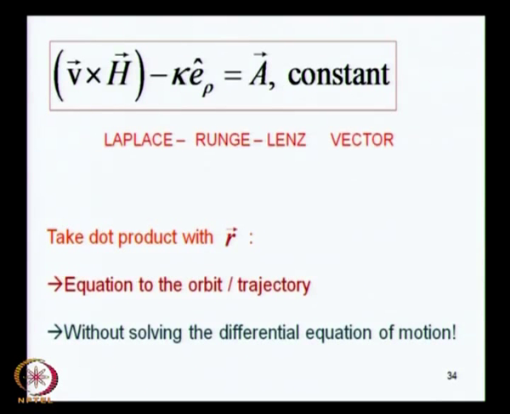We will get it by simply taking the scalar product of the Laplace-Runge-Lenz vector with the position vector, that is all you do, and by just taking this scalar product we will get the orbit equation, which is a completely different process than solving the differential equation to get a trajectory.